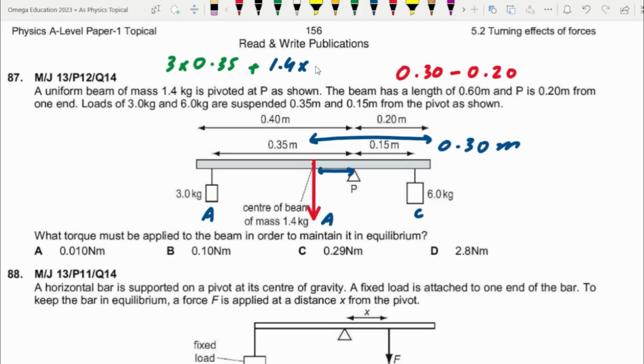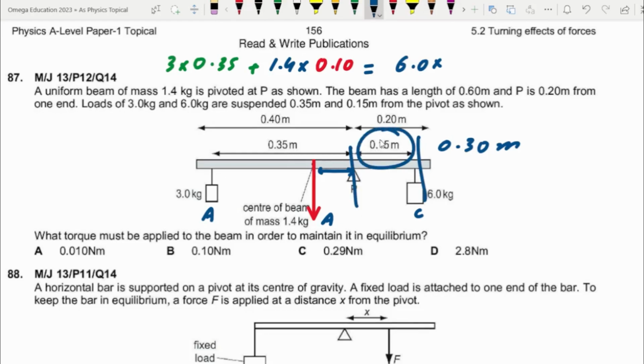So 1.4 times 0.10, and that is all from the anti-clockwise side, and that equals what we have from the clockwise side: 6.0 times the perpendicular distance of that force. It is given directly, 0.15. So times 0.15.